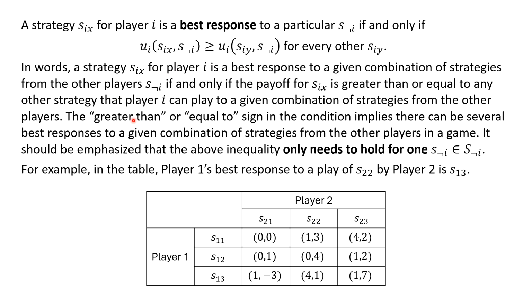So let's look at an example here that might make this a little bit clearer. For example, player 1's best response to S sub 2 2. In other words, if player 2 plays this response here, player 1's best response would be S1 3 because 4 is greater than 1 and 0. Okay, so that's pretty simple.